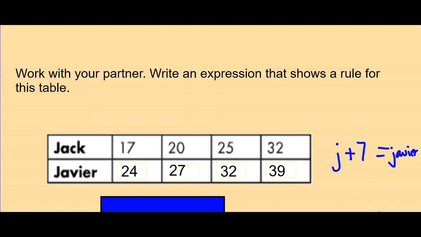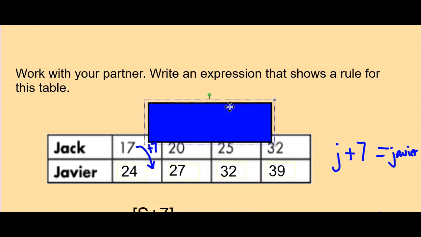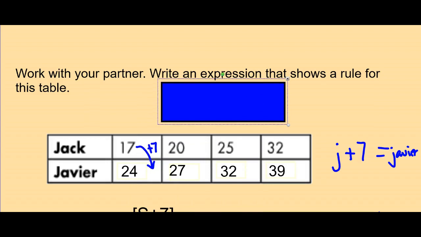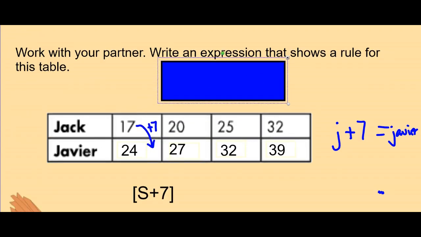So the difference from Jack to Javier is plus 7. So take Jack's number and add 7 to get Javier's. And that is what our expression says, using S instead of J, but same thing.